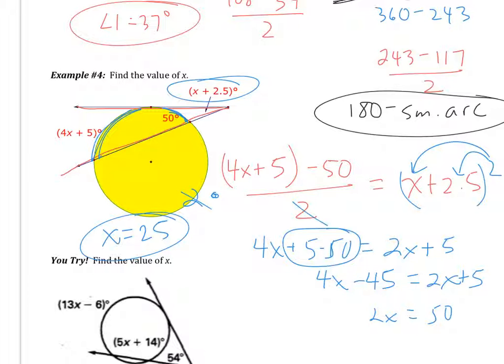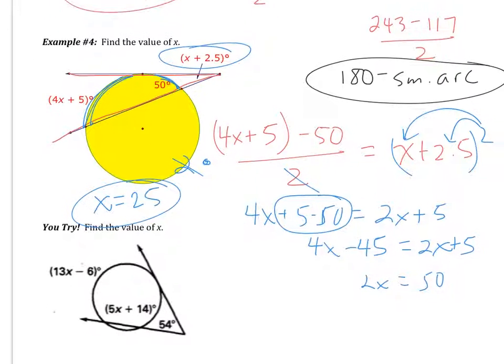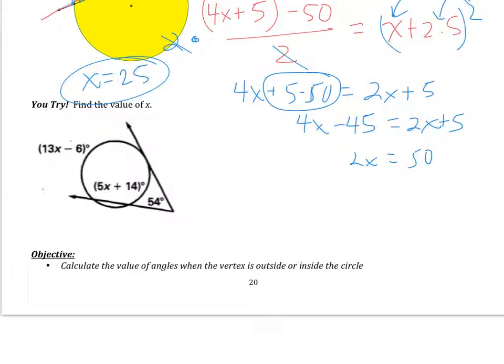All right? So if I help you set up the bottom one, see if you can do this one. Okay? So it's going to be the big arc minus the little arc. Okay, so 13x minus 6 minus 5x plus 14. Parentheses is super duper important here. Divided by 2 equals the angle, 54. Okay, see what you can do. 13x minus 5x is 8x.